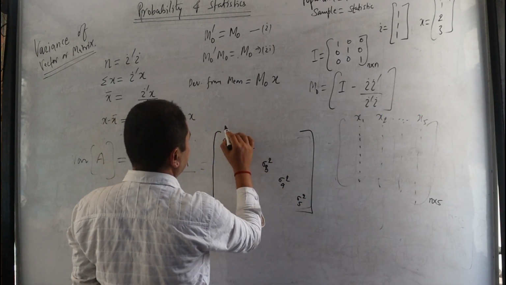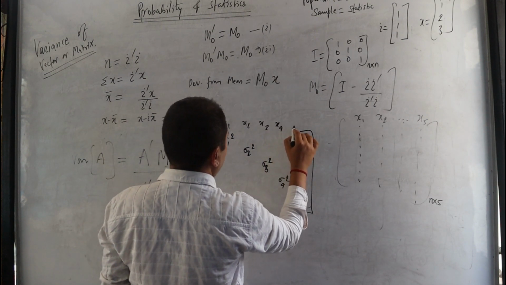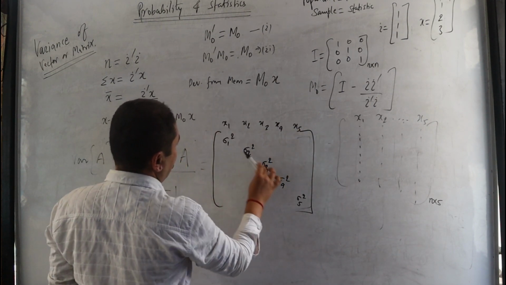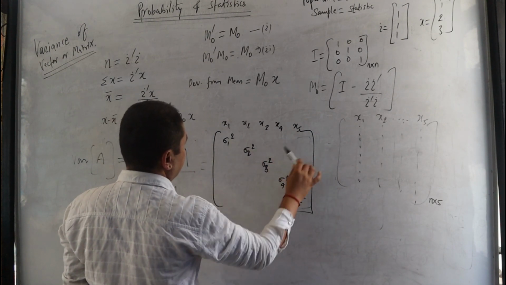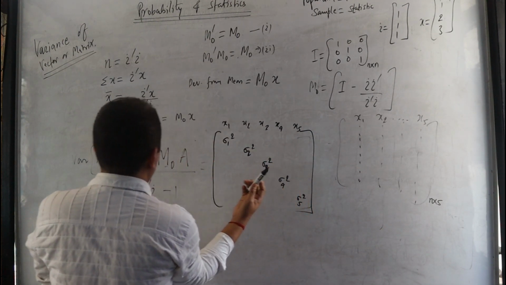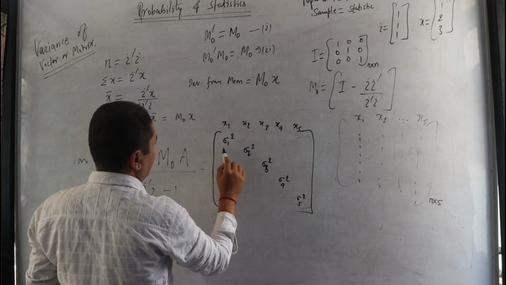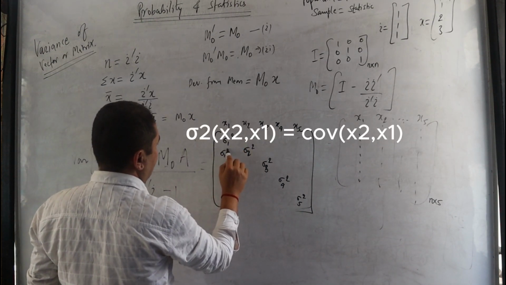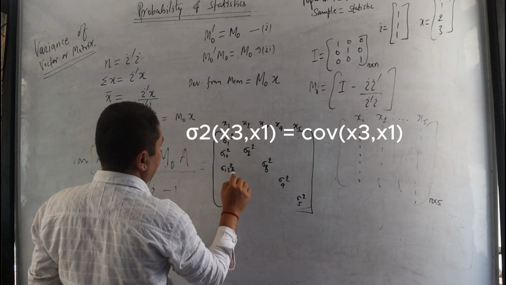And these are the covariances. So let me write x1, x2, x3, x4, and then x5. The main diagonal elements are going to give us the variance, and the off diagonal elements are going to give us the covariance, because the interaction is possible. This is x1, x2, so sigma 1,2, and this equals sigma 1,3, and so on.